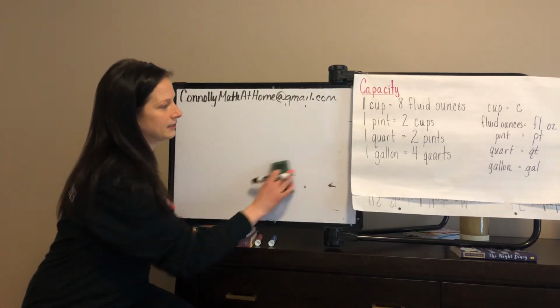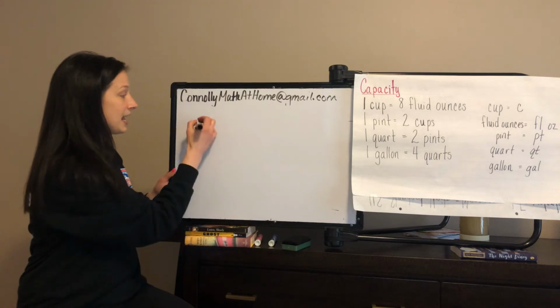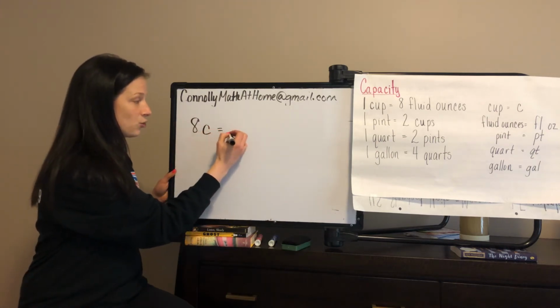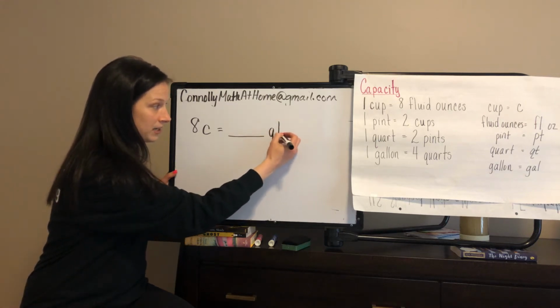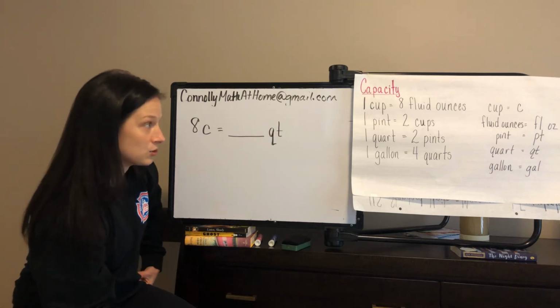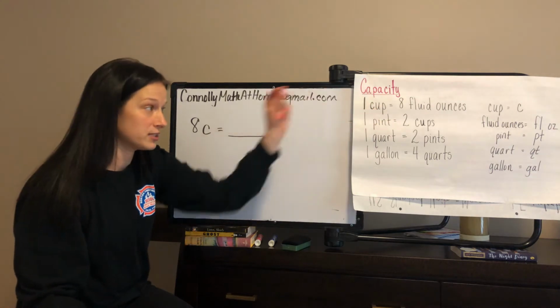So let's say that I have 8 cups, and your problem is asking you to determine how many quarts that is. Okay? So what we have to do is 2 steps here.